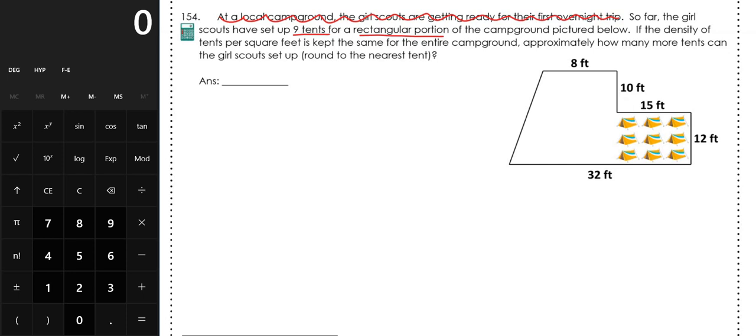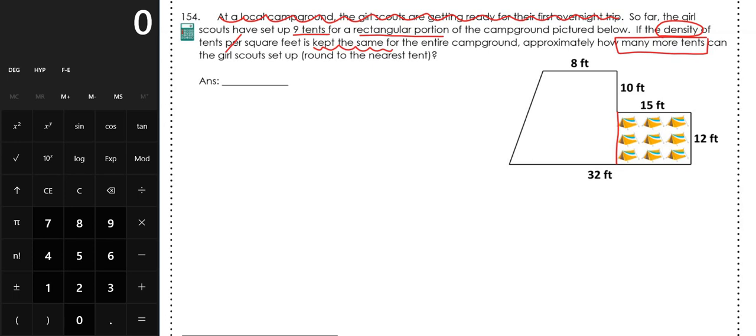So now if we look at this visual, this here is a rectangle. It's 15 feet by 12 feet. And there are 9 tents inside. If the density of tents per, which means divide, tents divided by square feet, is kept the same for the entire campground, approximately how many more tents can the Girl Scouts set up?